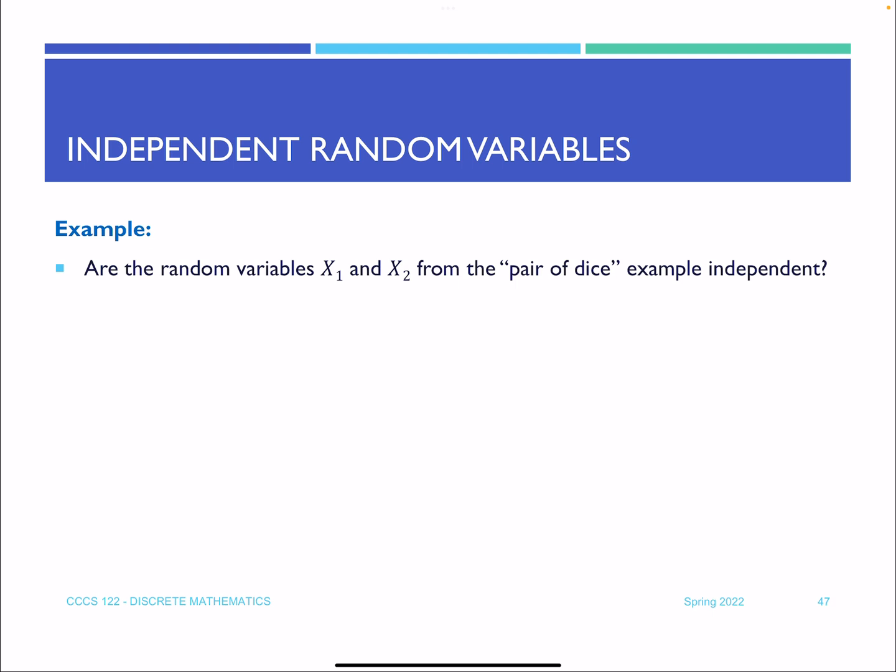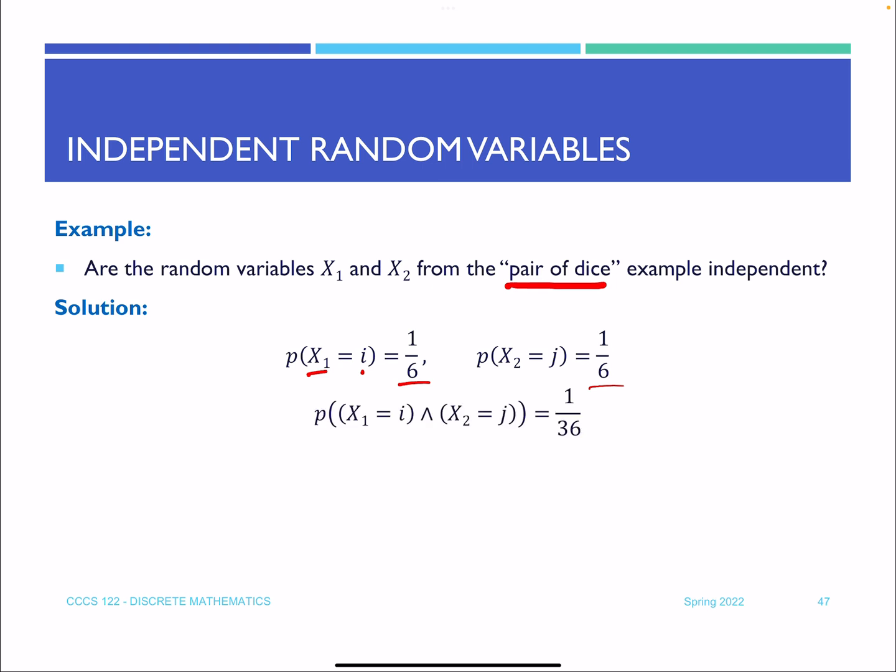Now, an example. Are the random variables x1 and x2 from the pair of dice example independent? Let's see. The probability that x1 takes on any particular value is 1 by 6. The probability that x2 takes on any particular value is also 1 by 6.